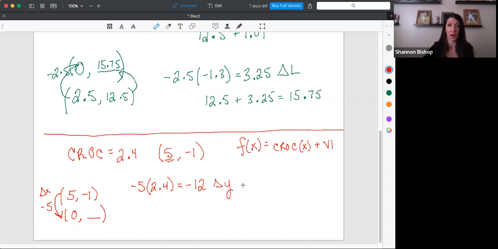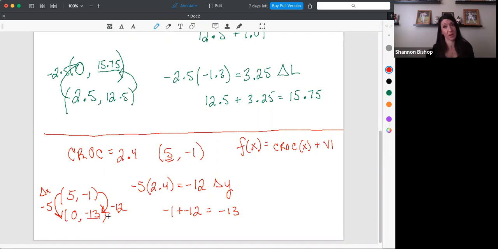Now remember, where are you changing from? Ah, yes, your reference value in this case was -1. So you're already at -1, and now you know that the outputs have to drop by 12 more. So essentially -1 plus -12 will tell you that your final landing place is actually -13. The actual vertical intercept is -13.